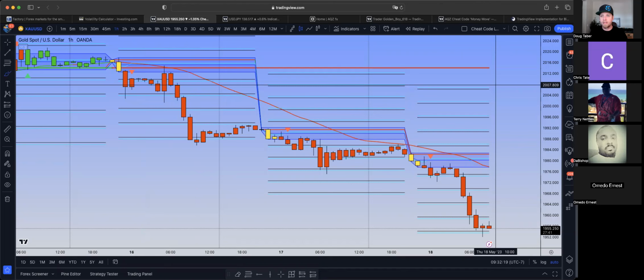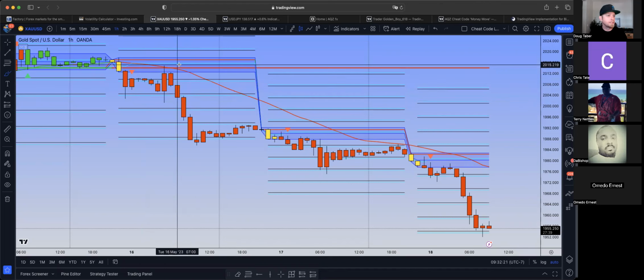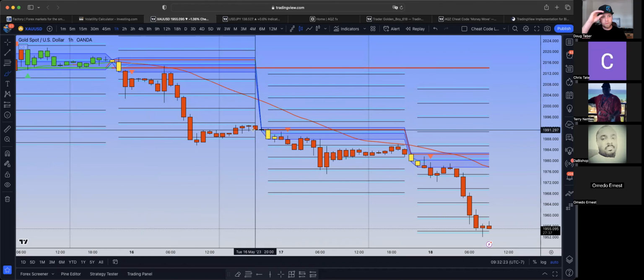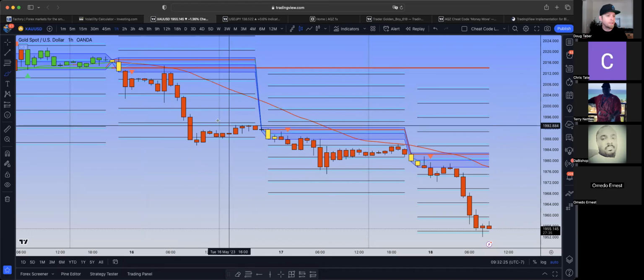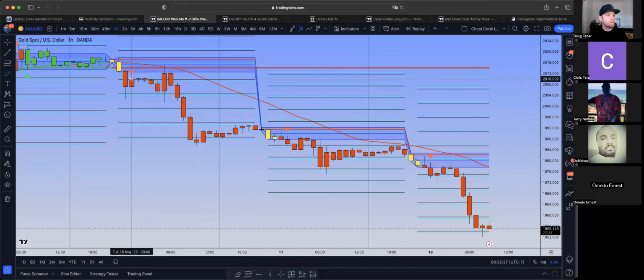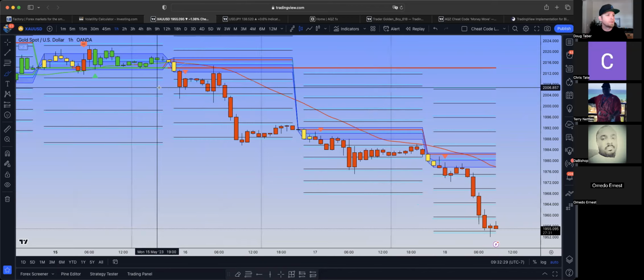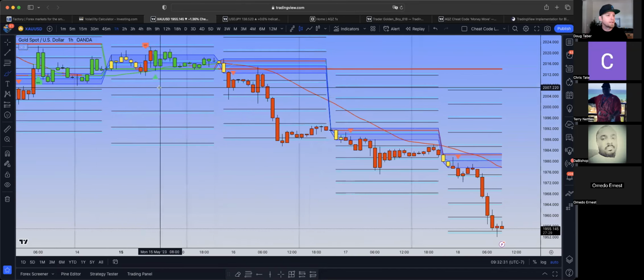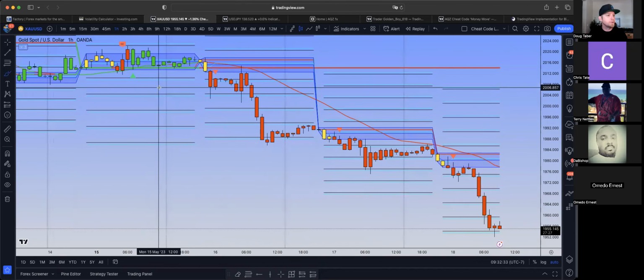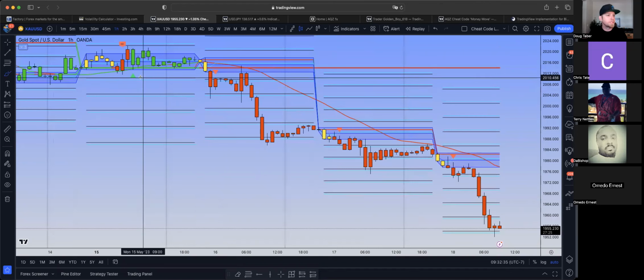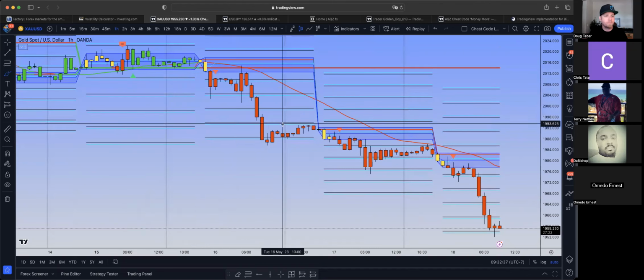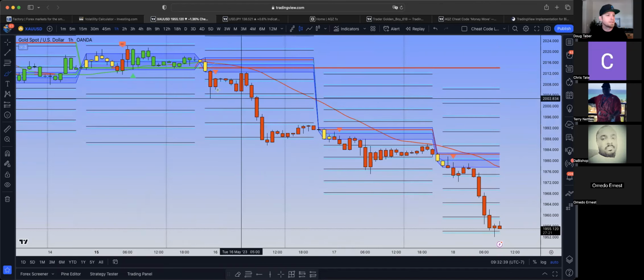And this helps for your targets instead of just holding on to a trade, hoping that it continues. We want to continue to compound our trading accounts and see the fruits of our labor, if you will, in the markets.